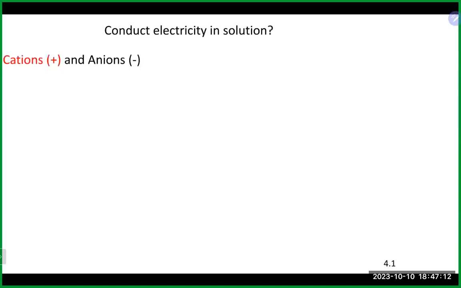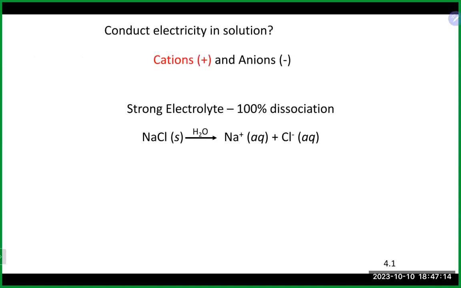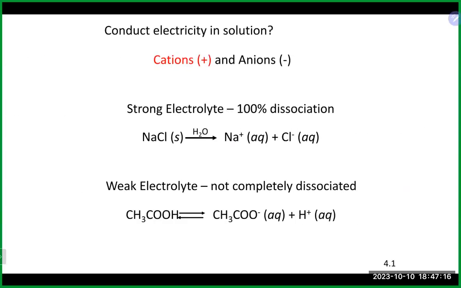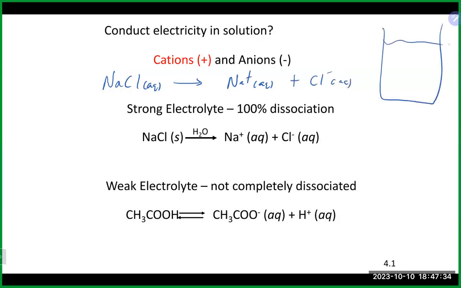So let's take a look at these a little closer. A strong electrolyte is something that will 100% break apart in solution. If we take something like a sodium chloride solution, NaCl, it is going to 100% break apart into sodium ions and chloride ions. And in that solution, you have a ton of these guys floating around.